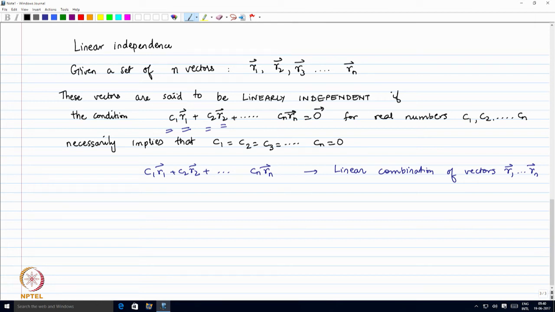Now, suppose vectors R1, R2 up to Rn were not linearly independent, or in other words they are linearly dependent.